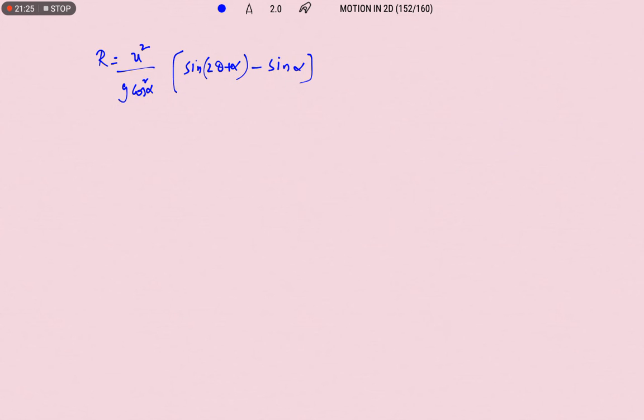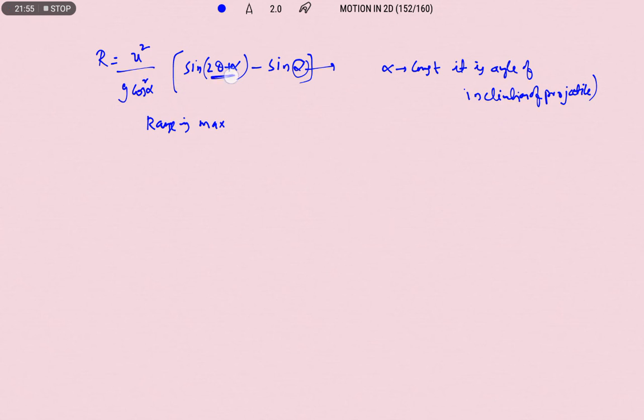To get the range maximum, alpha we cannot change, because alpha is constant. It is the angle of inclination of the plane. The range never depends on this term; the range depends only on this term, and this should be maximum.